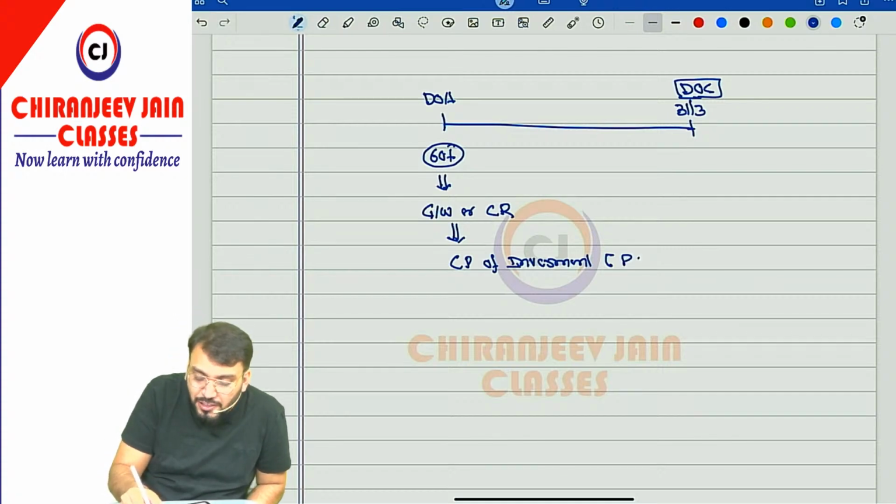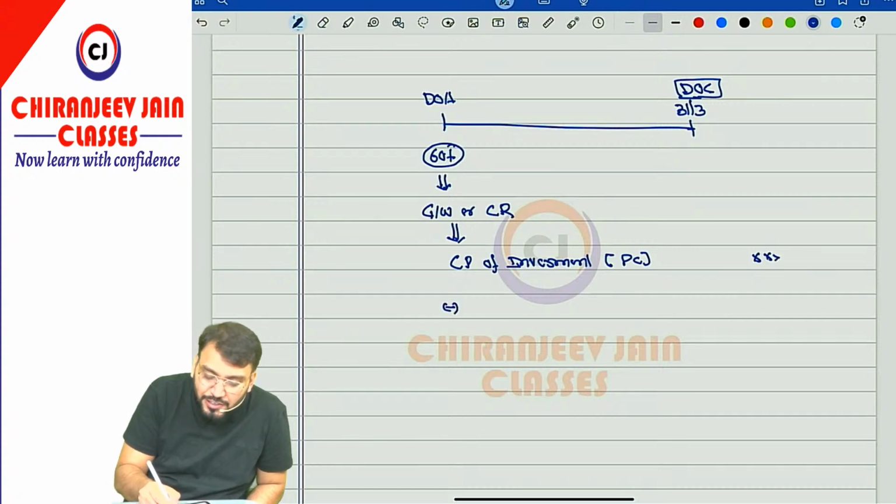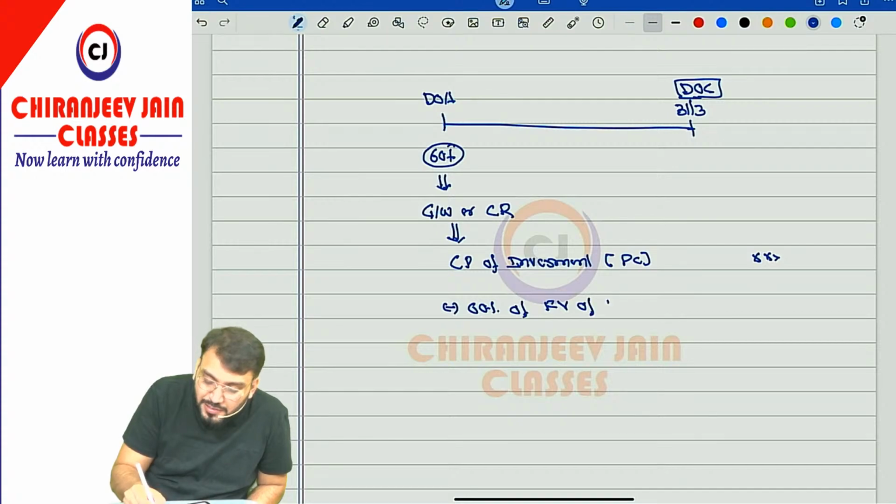That is nothing but purchase consideration. From this we minus 60%, because in this example I have taken 60%, 60% of the fair value of net assets of the subsidiary company on the date of acquisition. The difference, if positive, will be goodwill; if negative, it will be capital reserve.